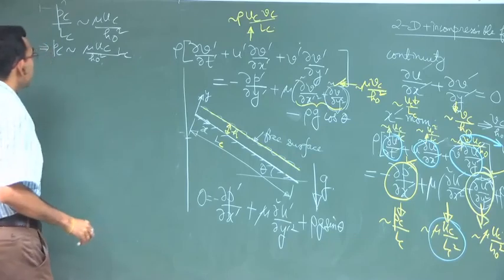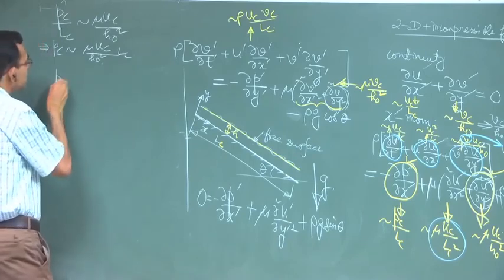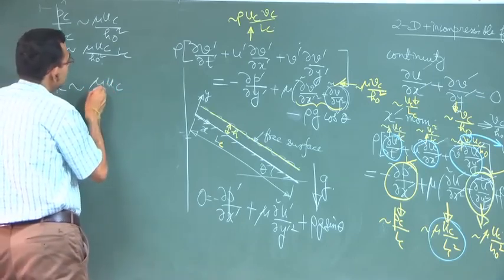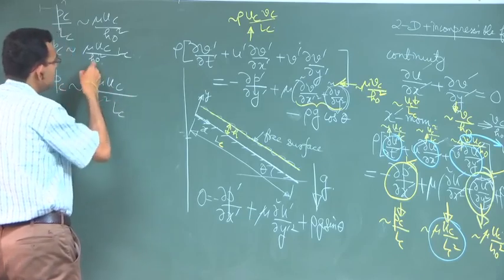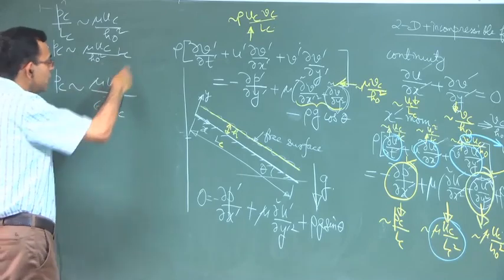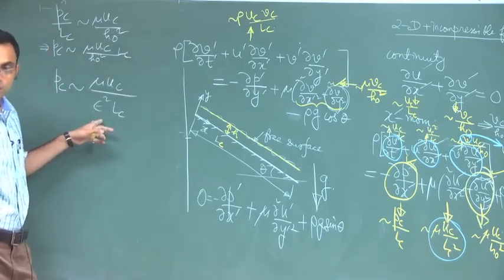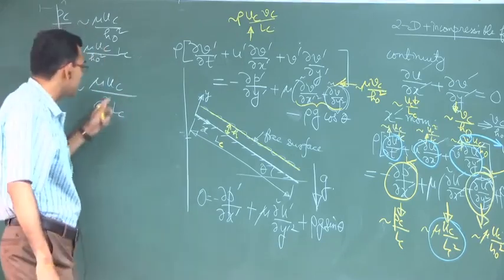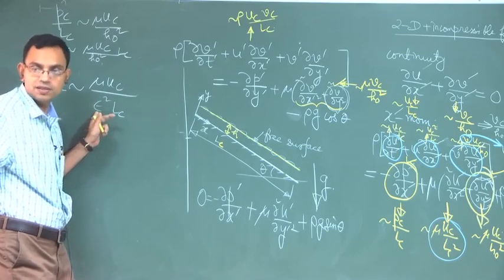So, what we can write from here is Pc of the order of mu uc by epsilon square Lc, because h naught square is epsilon square into Lc square. So, one Lc gets cancelled out. So, Pc becomes this. So, you can see that the pressure is so important, because the pressure scales with 1 by epsilon square, and epsilon is a small number in this particular problem.